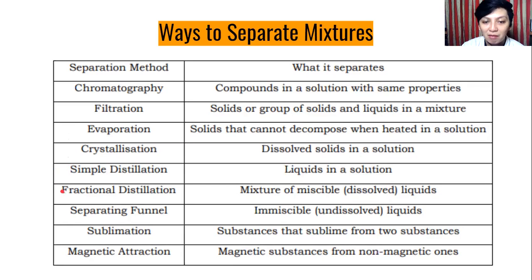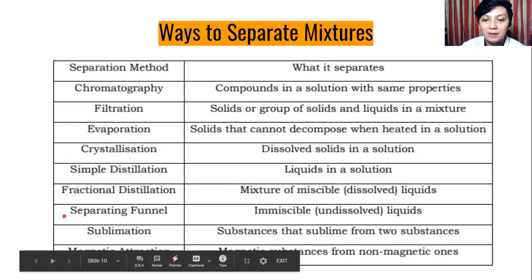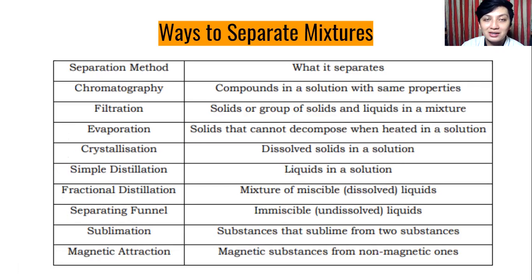Fractional distillation, mixtures of miscible or dissolved liquids. Separating funnel, immiscible or undissolved liquids. And then we have sublimation, substances that sublime from two substances. Magnetic attraction, magnetic substances from non-magnetic ones.